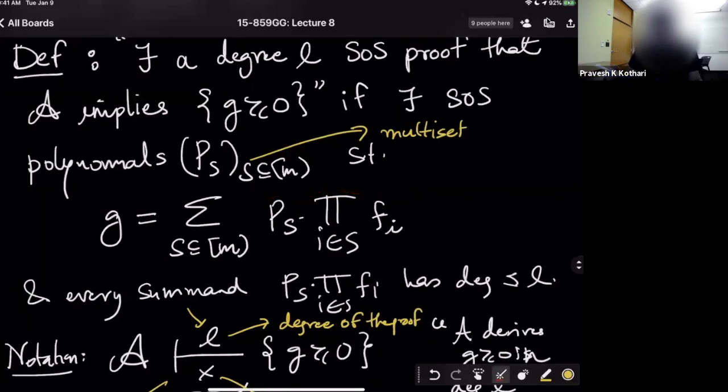So such a representation immediately implies that G has to be non-negative over the set you care about. Make sense? If such a representation exists, and if I can convince you that it in fact holds for the polynomial you care about, then certainly you've established that G is non-negative over this set.